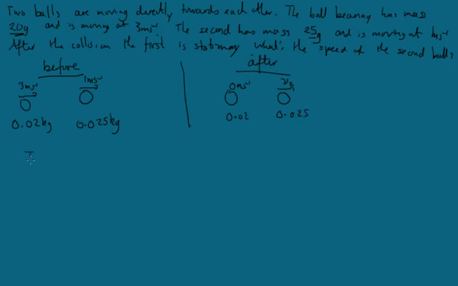So the total momentum before is equal to m1 u1 plus m2 u2. So it's 3 times 0.02 plus 1 times 0.025, and that's going to give us 0.085 Newton seconds.